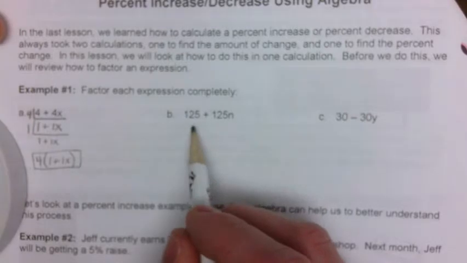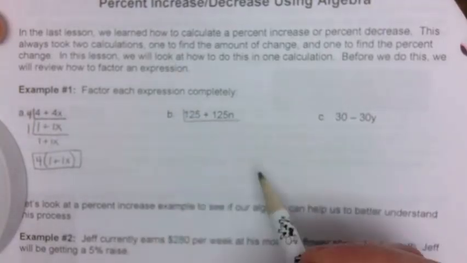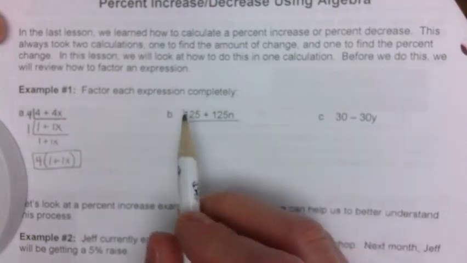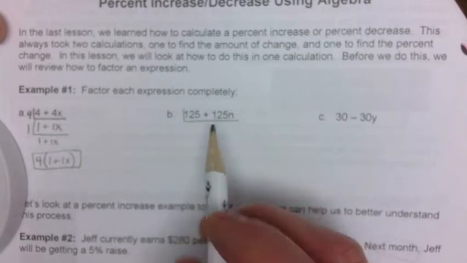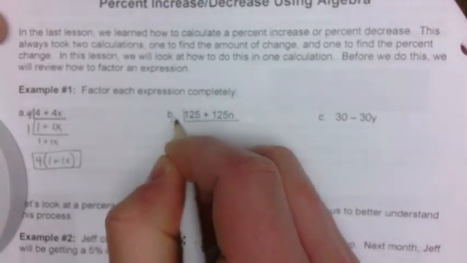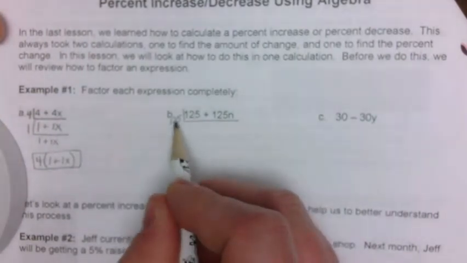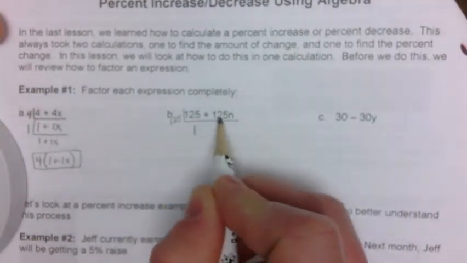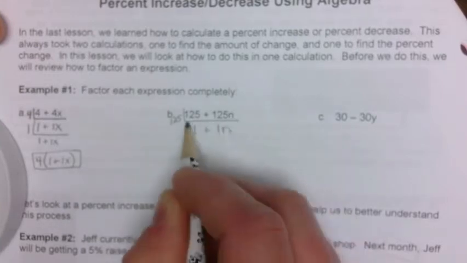In question B, again, we're going to repeat the process. We're going to factor completely. I'm going to put my factor box around both terms. In 125 plus 125n, 125 would divide into both of those evenly. So let's divide each by 125. 125 divided by itself is 1. 125n divided by 125 is 1n.